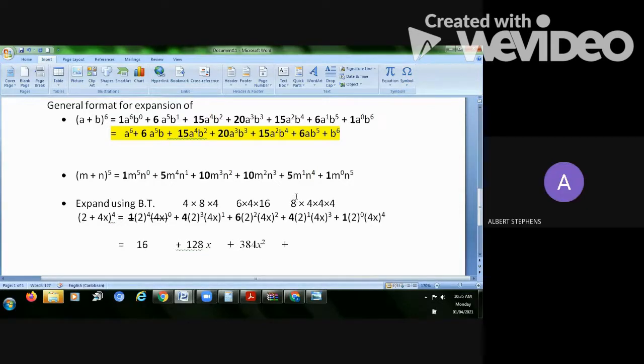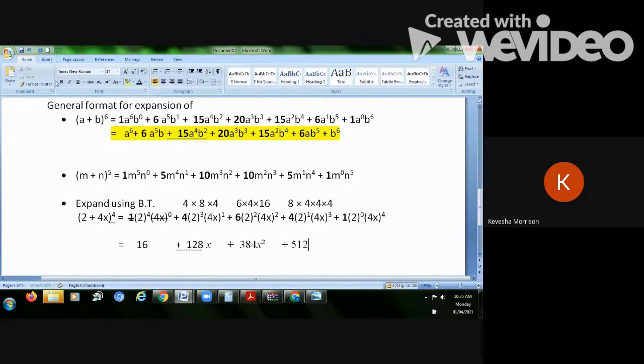Which is how much? Sir, 512 x cubed. All right. X cubed. It's gonna be x cubed.